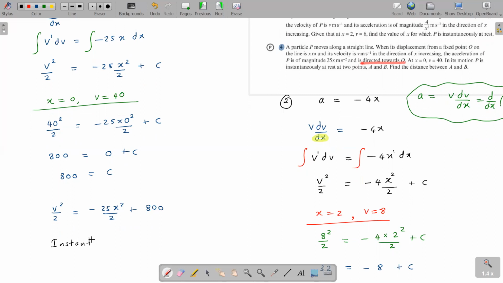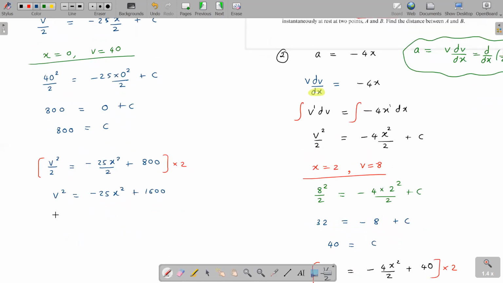Before we use velocity 0, we could fix this equation, because we normally prefer to see v squared as the subject. So shall I just make v squared the subject here to make it look better? I get v squared equals minus 25x squared plus 1600, when I multiply by 2. Are you with me? Okay, so when you are instantaneously at rest, velocity is 0.